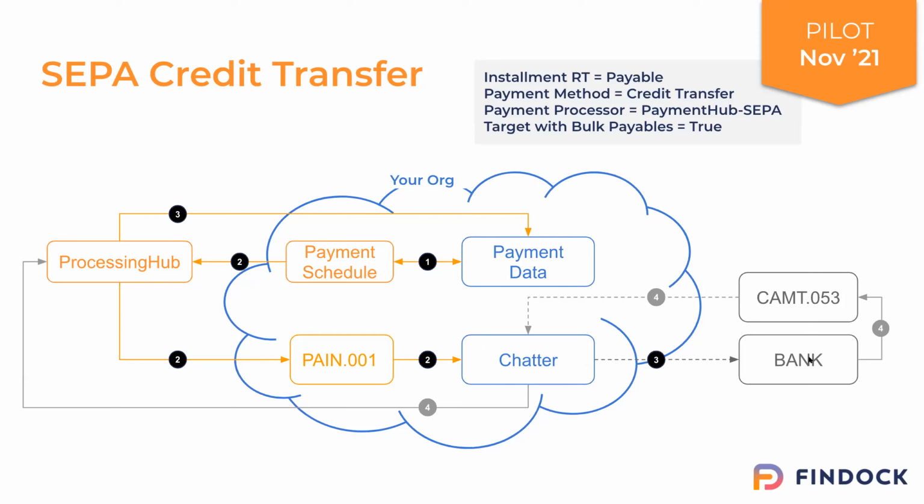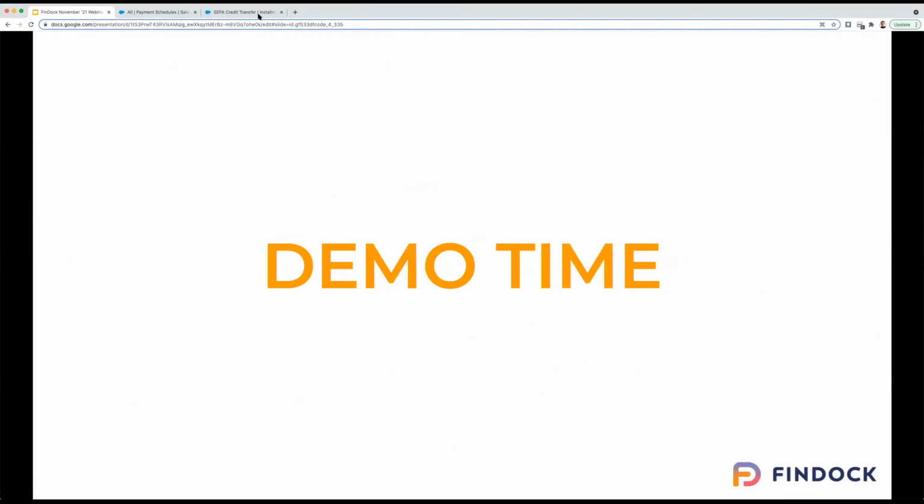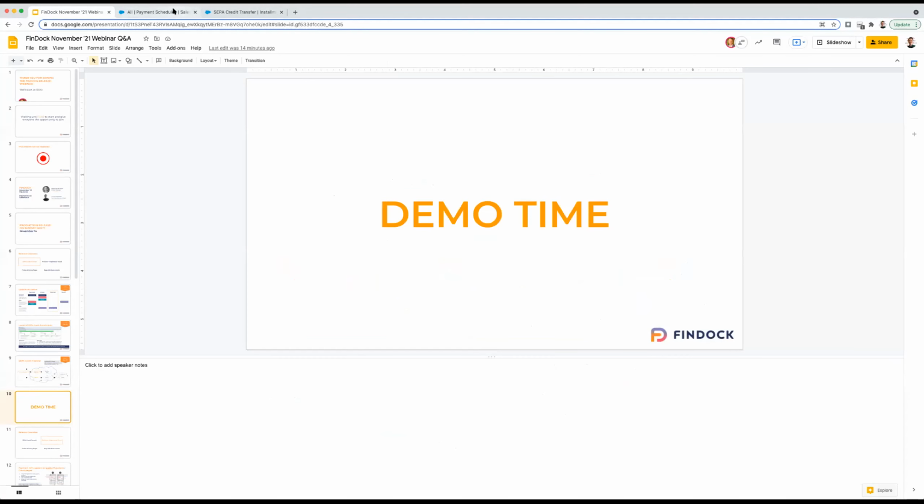This file you can take to your bank, and then your bank will transfer this money out of your account. Again, to reconcile this, we have CAMT.053 files that you download from the bank and upload to Chatter, which the processing hub automatically picks up and then reconciles the payment data with. Let's see what that looks like in Salesforce.